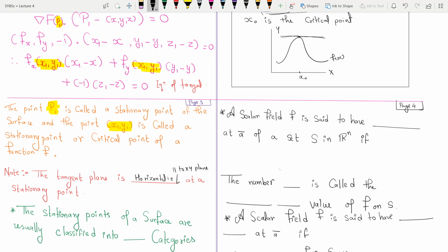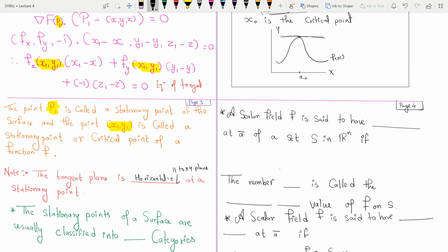We have already written it is parallel to the xy plane earlier, but this is a note. Why is it at a stationary point? What is a stationary point? A stationary point is a point where my partial derivatives with respect to x and y are 0. That means at that point my tangent plane will be horizontal, that means it is parallel to the xy plane. These stationary points are important because they are the points where my function could be either maximum or minimum.